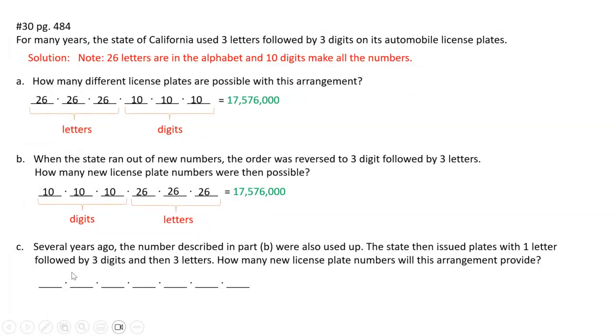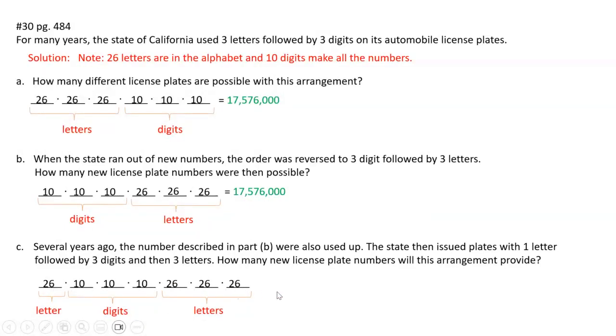That's my letter, followed by 3 digits, and followed by 3 letters. So again, there are no other restrictions. So this will give us 26 times 10 times 10 times 10 times 26 times 26 times 26.